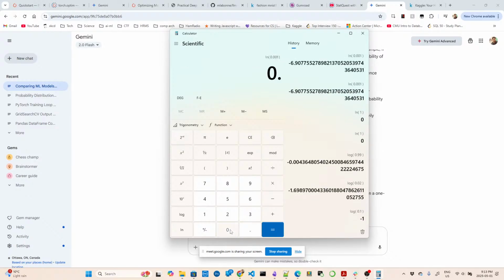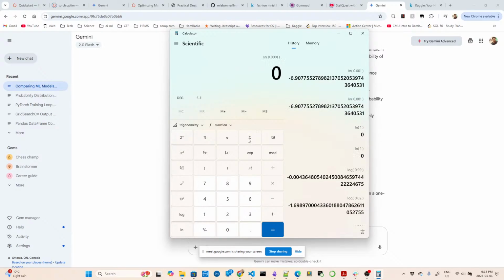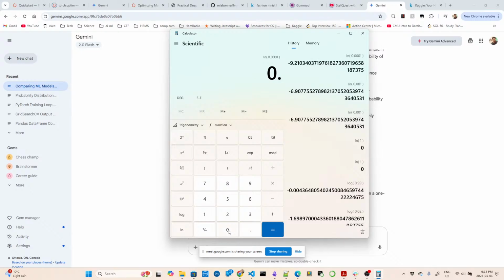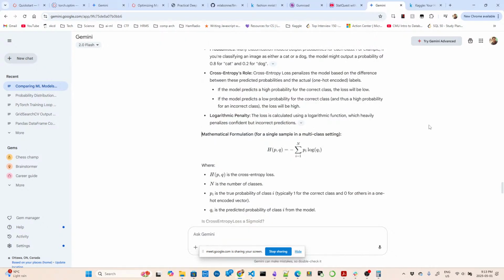The absolute value of that. See? But it doesn't matter because basically you will get a number closer to 0 for log of Qi if more or less your prediction is correct.